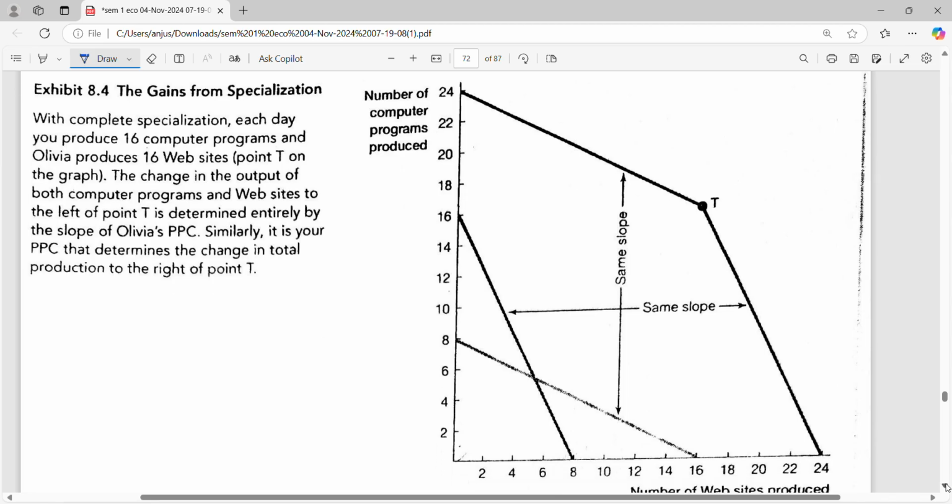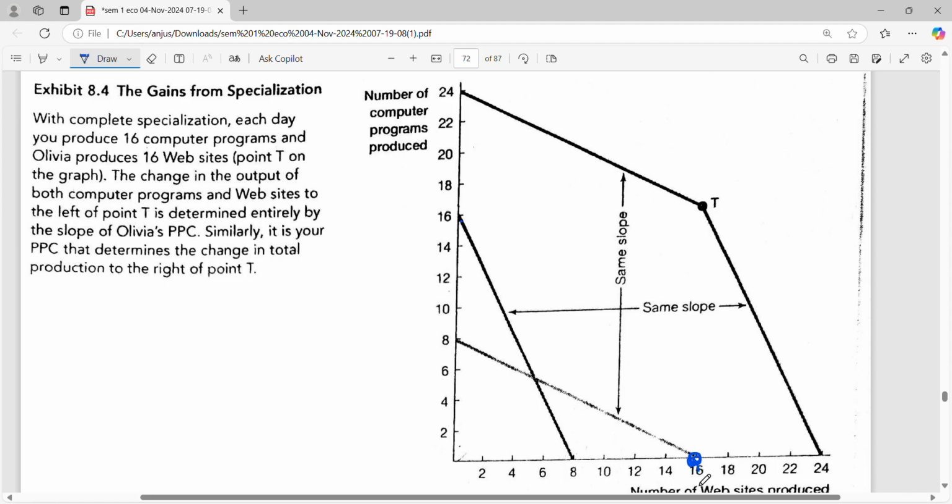So with complete specialization, each day you produce 16 computer programs, with 8 hours. You're investing the whole 8 hours into the production of computer programs because here we are speaking of complete specialization. At the same time, Olivia produces 16 websites.